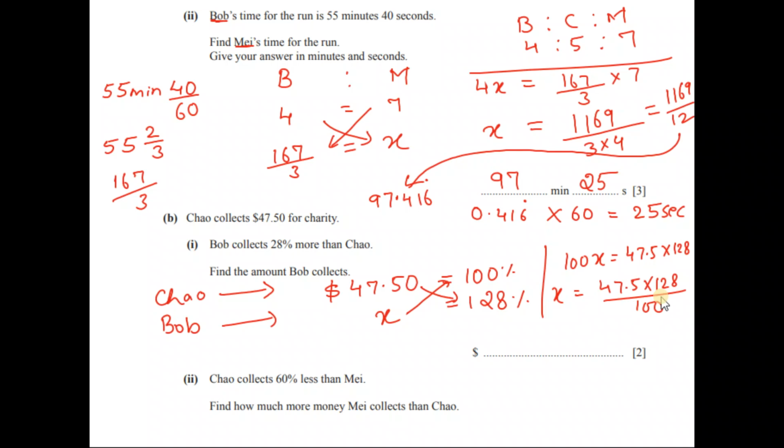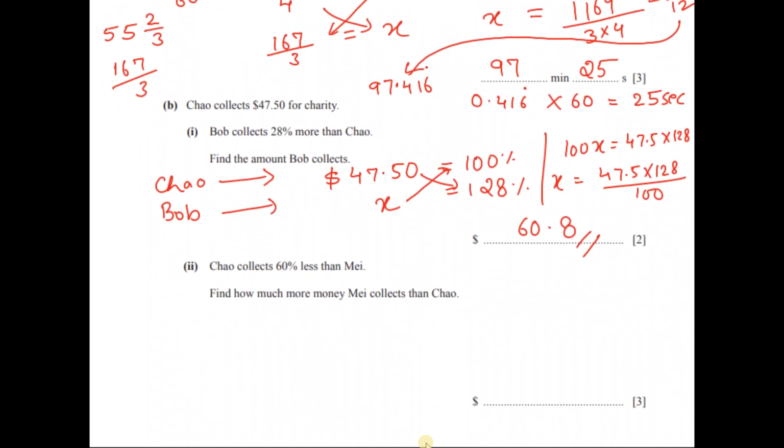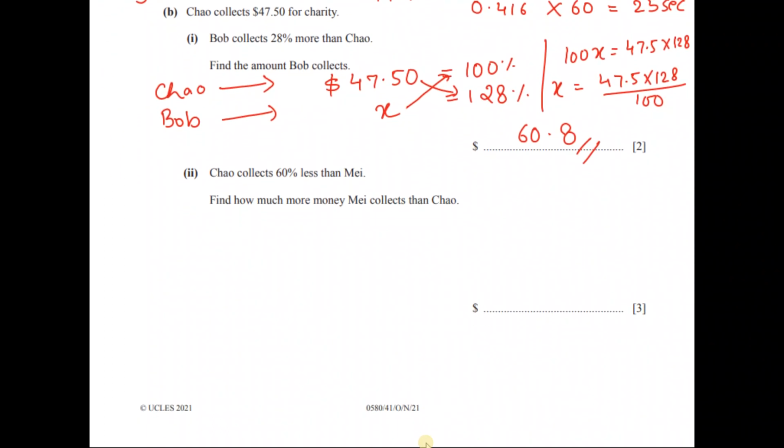You just work this out and you get $60.8. So this is the amount Bob had collected, because he had collected 28% more than Chow. Chow had 47.5, so definitely Bob had more than that, and that's 60.8.